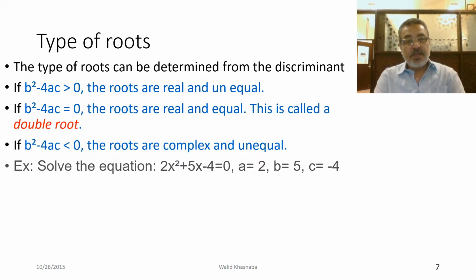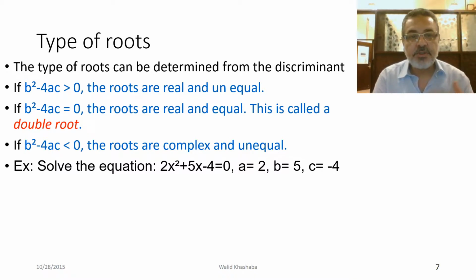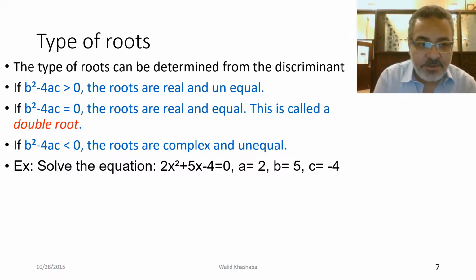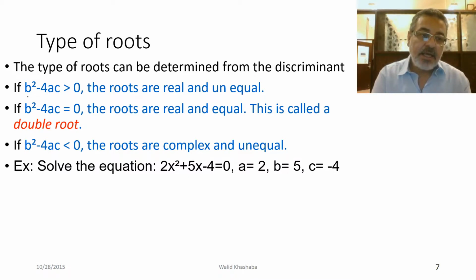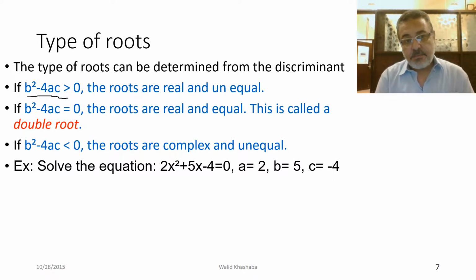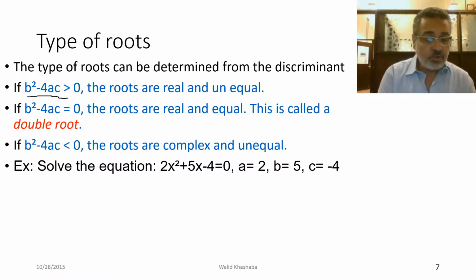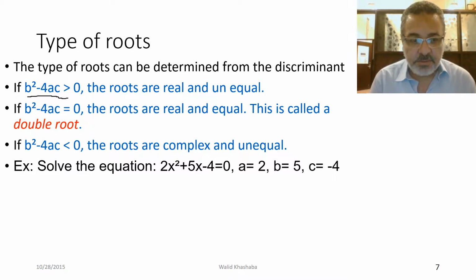The types of the roots can be determined using this expression, the discriminant or the determinant. Well, when the discriminant is greater than 0, positive I mean, it means that we have two different real solutions, or two unequal real solutions.